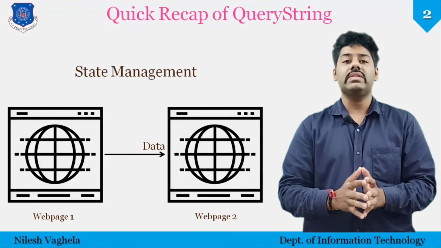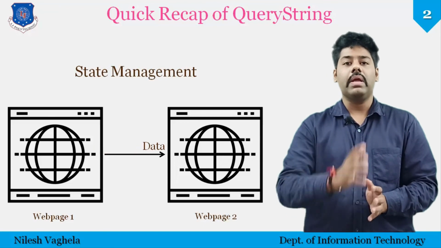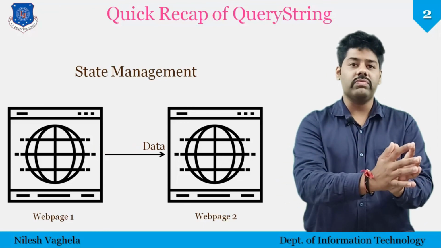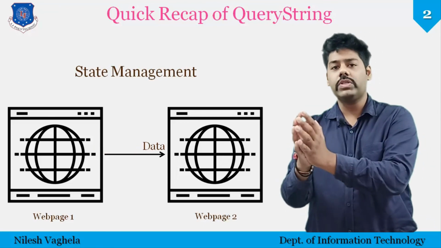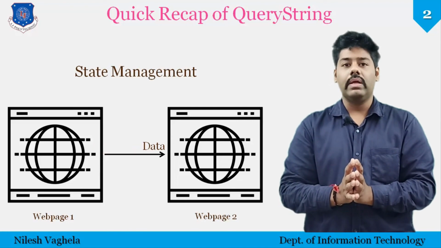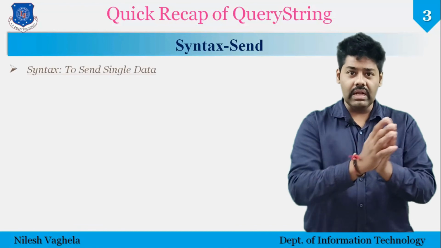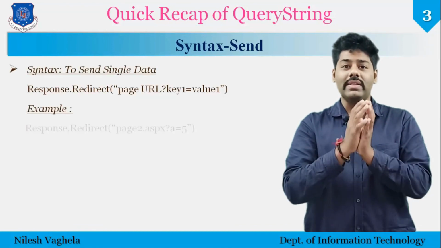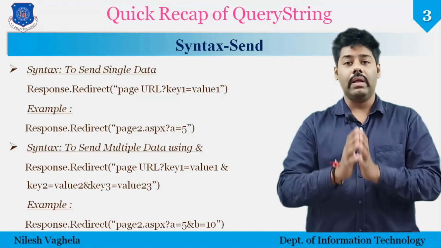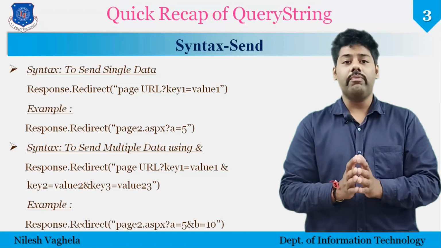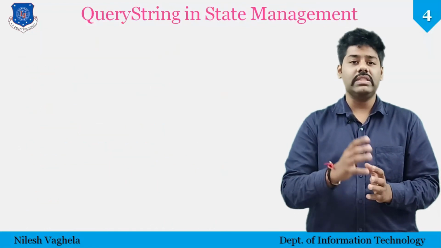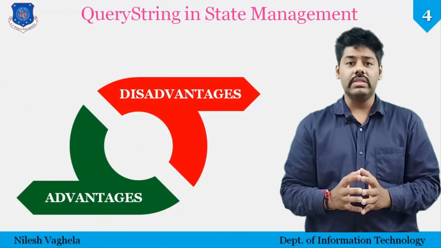So using query string, which is a state management concept, we can send data from page 1 or A to page 2, or let us say page B, right? We have seen how to send static single value, how to send static multiple values. Apart from this, in our theory portion of query string, we have seen advantages, disadvantages and all these things.